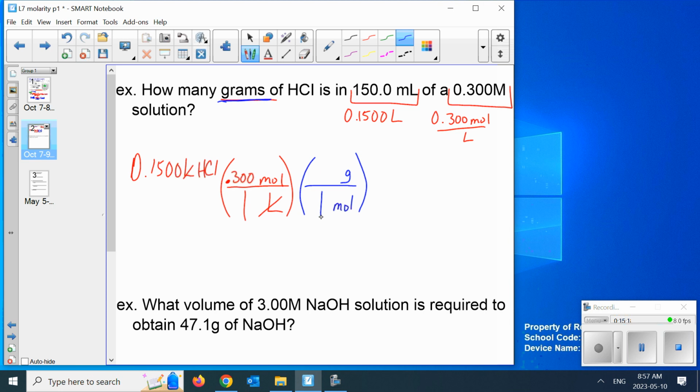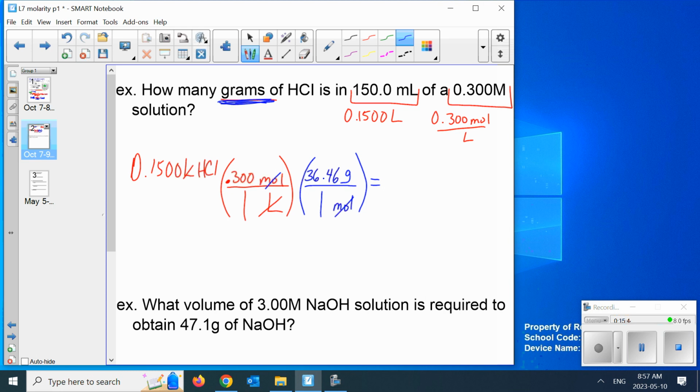Grams: 1.01 for the H plus the Cl, 35.45, 36.46. Okay, there we go. At this point, I've gotten rid of moles, and I do end up with grams, and that's what I want.